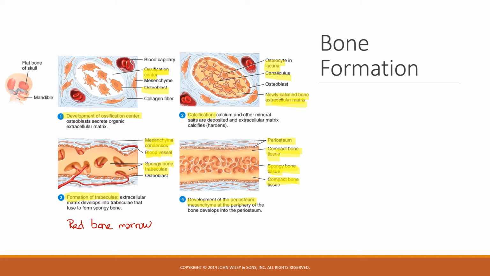Even after this type of bone formation is completed, much of the bone will still be remodeled, which means it is destroyed and reformed as the bone is transformed into its adult size and shape.